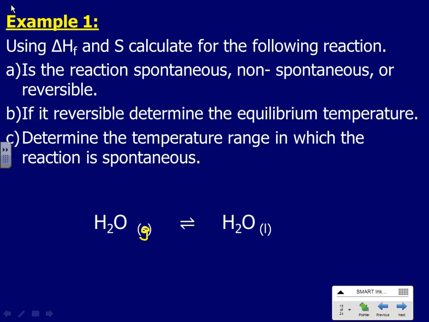You say to yourself, the delta H is spontaneous, so I need this thing to disappear, which means I need this to become small, which means I need the temperature to be below, and that makes it spontaneous. That's the logic you use, okay? Therefore, it is spontaneous, all right, at all temperatures if T is less than 370 Kelvin.